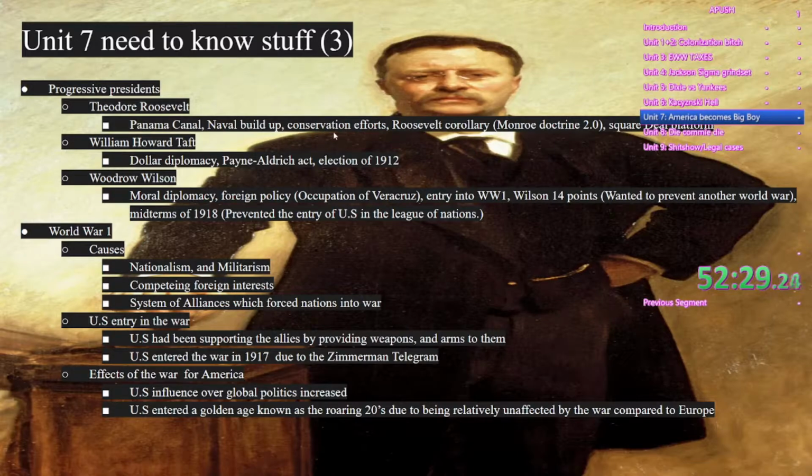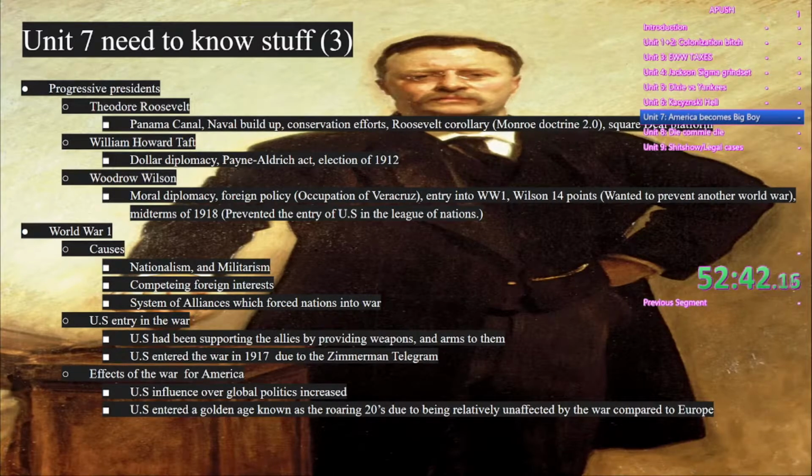U.S. conservation efforts started under Roosevelt, so that would be your national parks. And the Roosevelt Corollary, which is basically the Monroe Doctrine 2.0, and Roosevelt's Square Deal platform. I should also mention that under Roosevelt, there was a lot of trust busting of corporations.